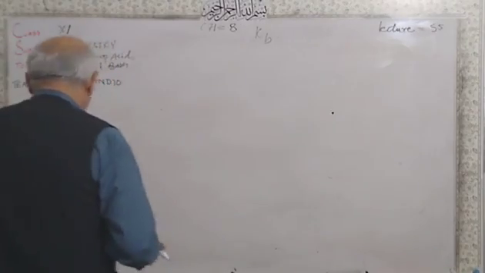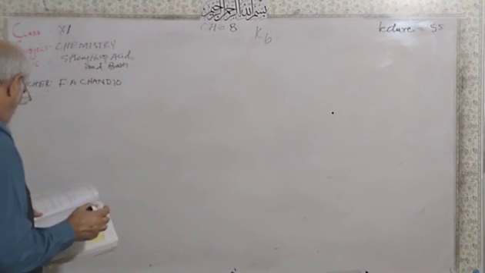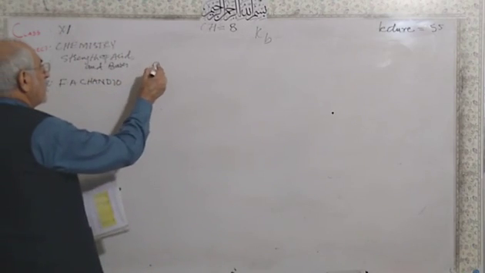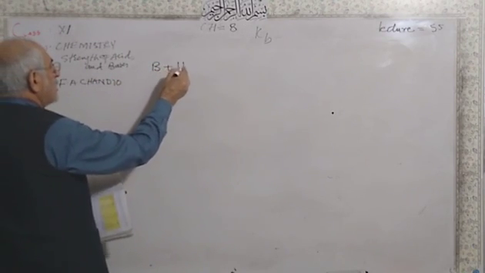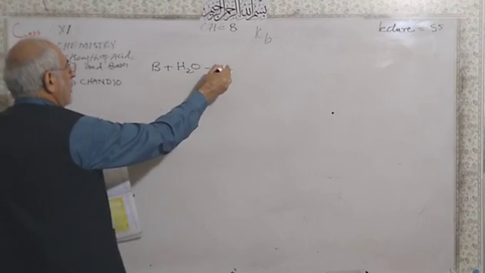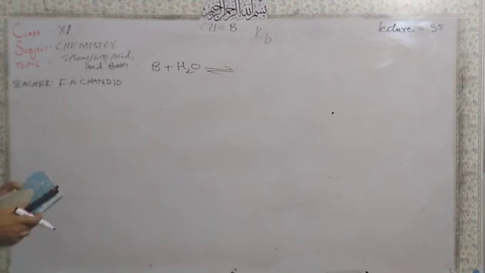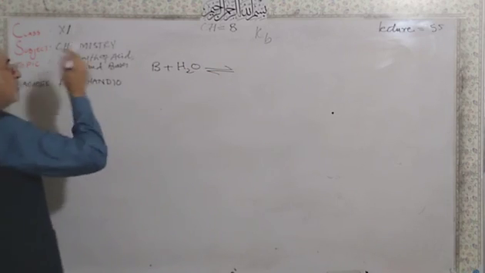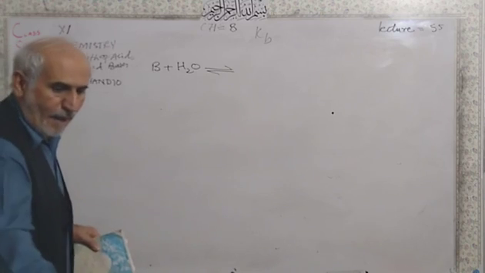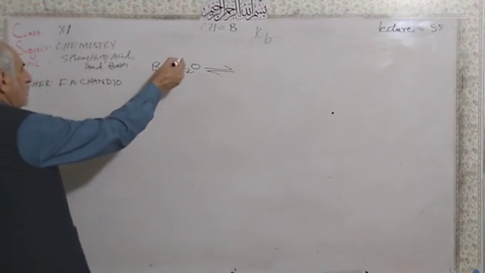Now for the derivation of Kb, this is the base and this is the water. A strong base is a base which has more ability to accept the proton.